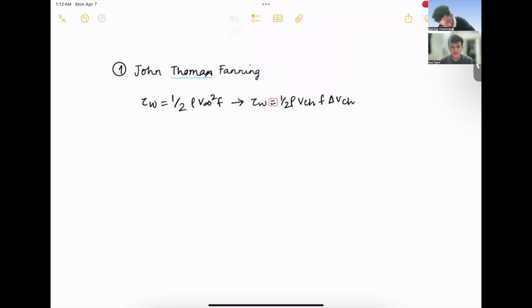Now, the second equation which we will discuss is Newton's equation, which we can write as qw equals h into (tw minus t infinity), which we can also write as qw equals h into delta t.